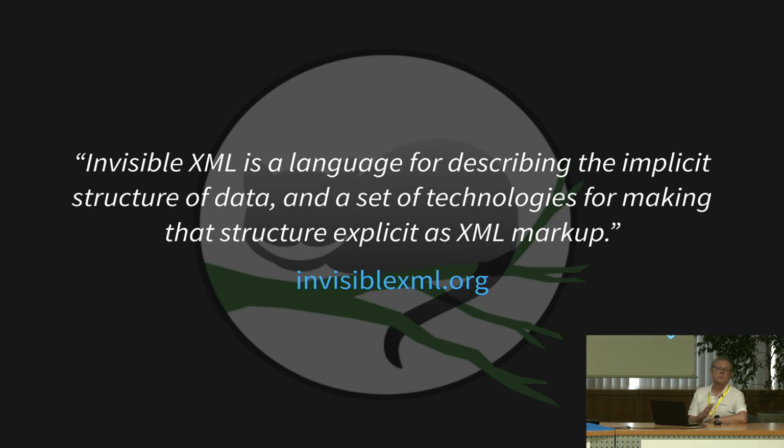I'm not going to explain how that works, because Steve did a much better job of that. But essentially what you do is you express a grammar of your implicit structure, basically like EBNF or something like that, if you know that sort of thing.